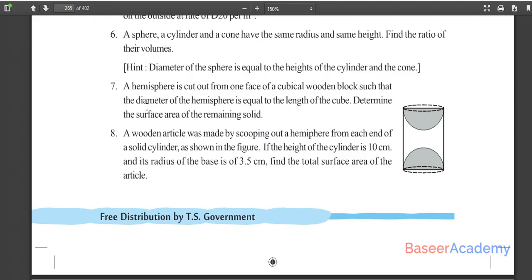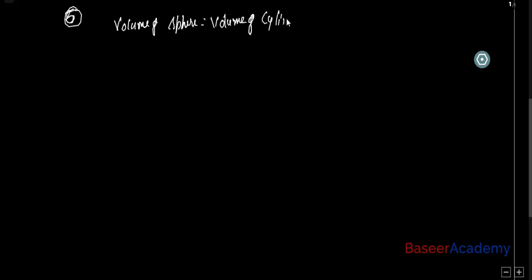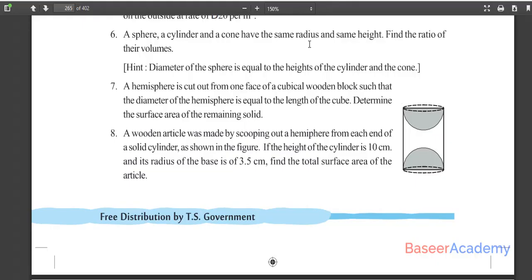Sixth one, I'll do the sixth one, not the fifth one. A sphere, a cylinder and a cone have the same radius and same height. Find the ratio of their volumes. So I have to find out the ratio of volume of sphere is to volume of cylinder is to, what's our next figure?